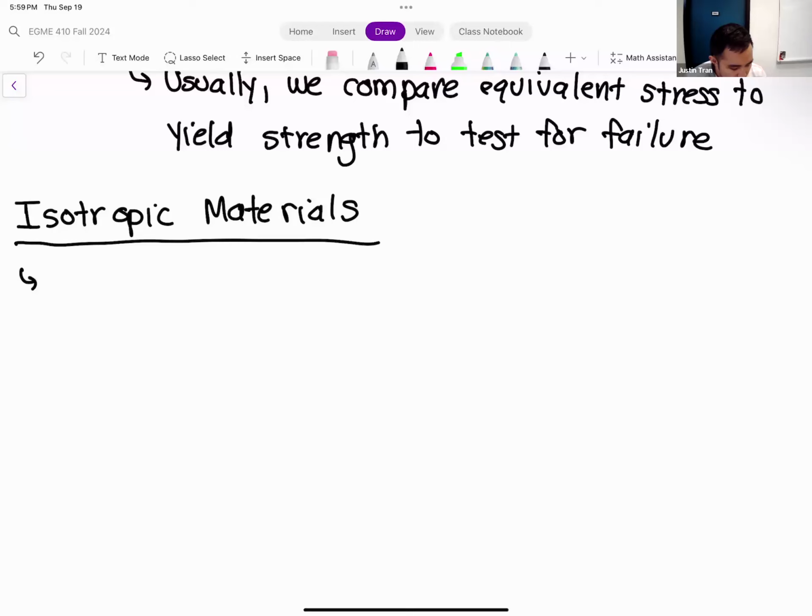And what that means basically is that isotropic is a term used to describe that it doesn't matter which direction, right? It's going to exhibit the exact same properties, the exact same strength, no matter what direction you move.